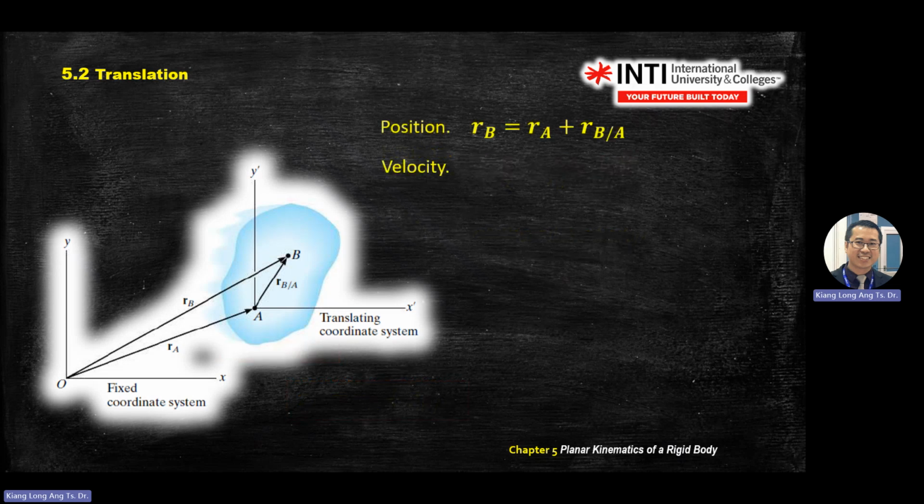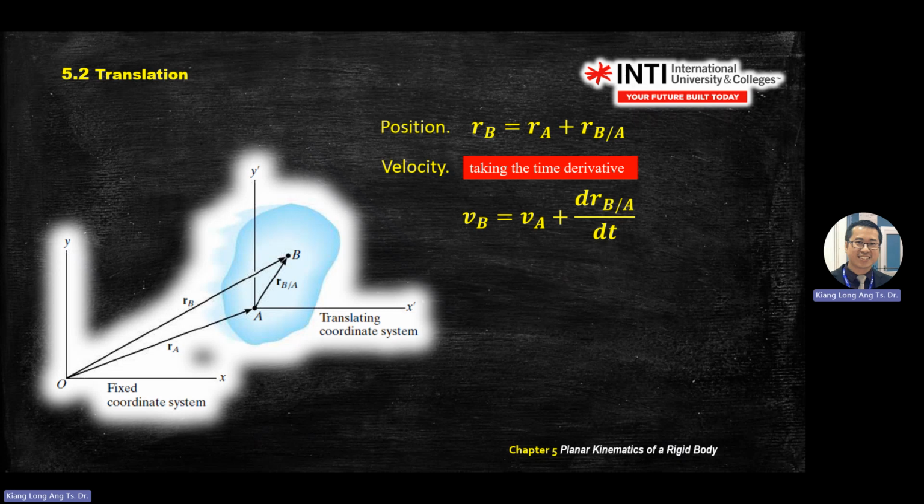Once you have position, you know that from position you can derive velocity. Velocity is ds dt. So you have position, r dot or dr dt. You arrive at dr dt, you get VB.